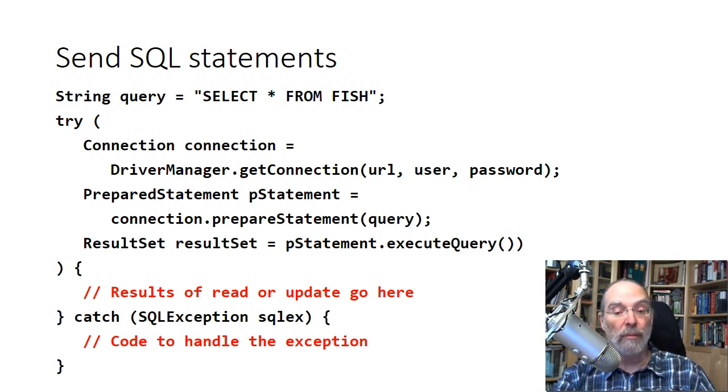Again, all three of them are created by factories. They're not created on their own. So we have our connection object, then we have our prepared statement object, and finally the result set. Connection dials the database, prepared statement transmits the query to the database, and execute query has the query run on the server and the results return to the result set.